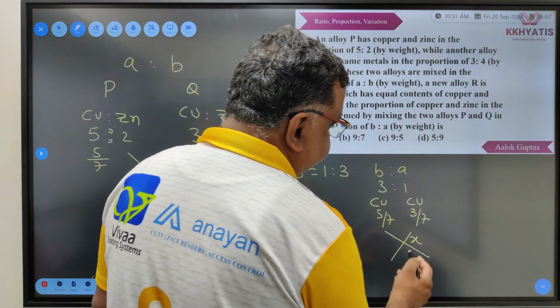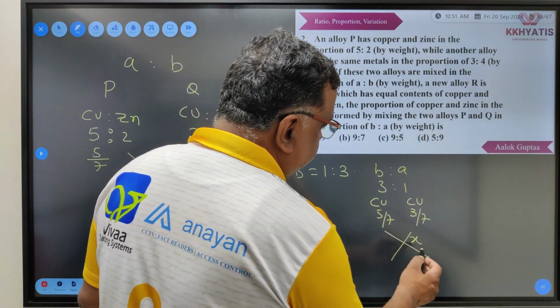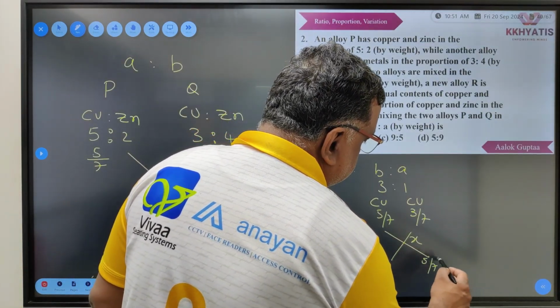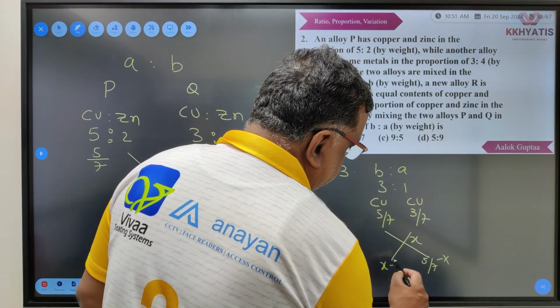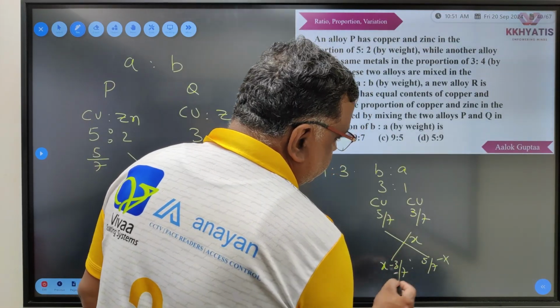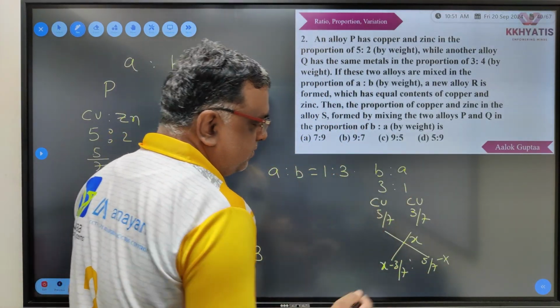So let us say I will do 5/7 minus X and X minus 3/7. This ratio should be equal to the ratio of weights.